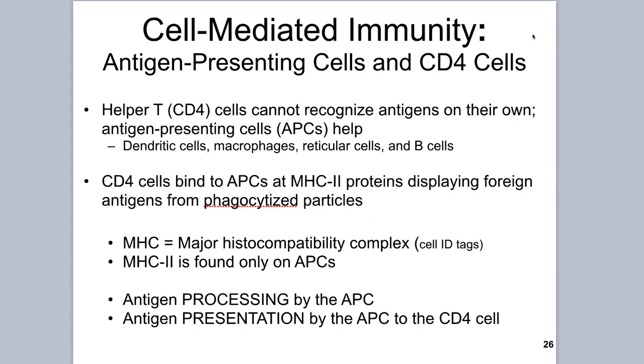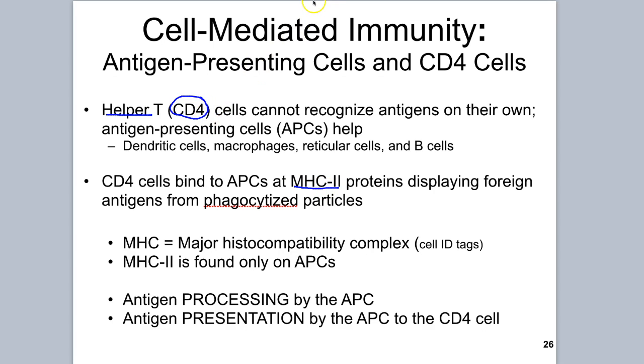Okay, so let's talk about the T cells again. Let's go back. We're going to stick with cell-mediated immunity for just a little bit here. We're going to start with the helper T cells, the CD4 cells. And remember, we said CD4 cells recognize a protein called MHC2. So how does this come into play?